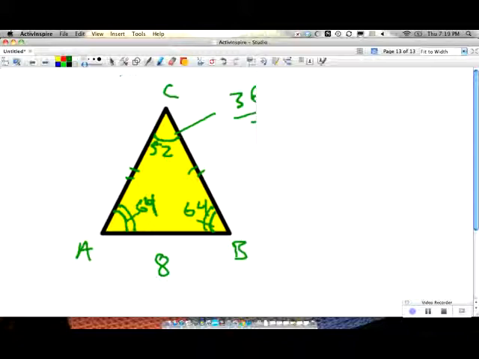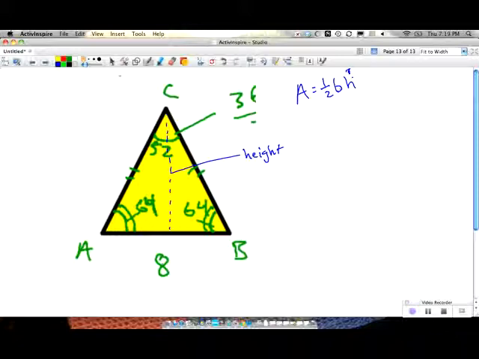So this triangle, if I split it in half, this 8 is now 2 pieces of 4. So I have a triangle that's got 4, and then it's got 64 for the angle, and I want to know this height. That's actually a trig relationship.